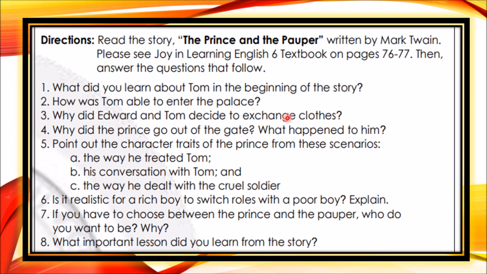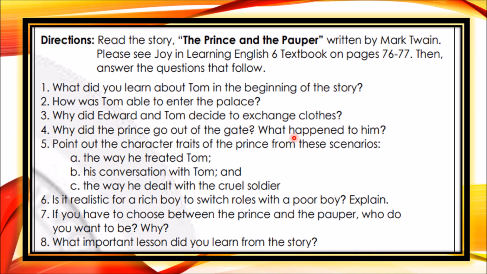And the prince commanded the guards to let Tom enter the palace. Okay? Then, why did Edward and Tom decide to exchange clothes? Because they were amazed to see how much alike they looked. And fourth question, why did the prince go out of the gate? And what happened to him?